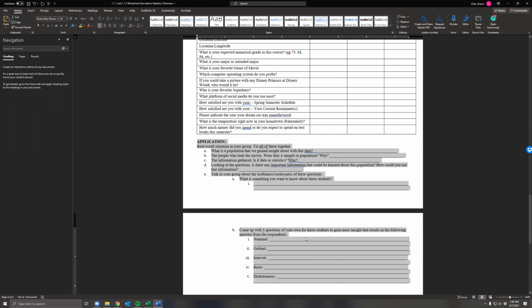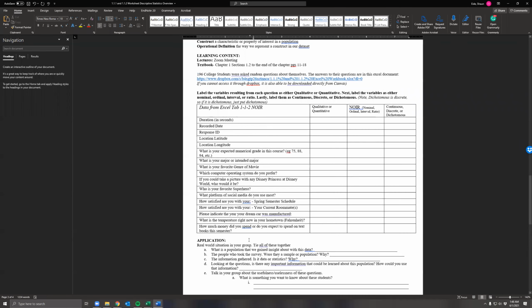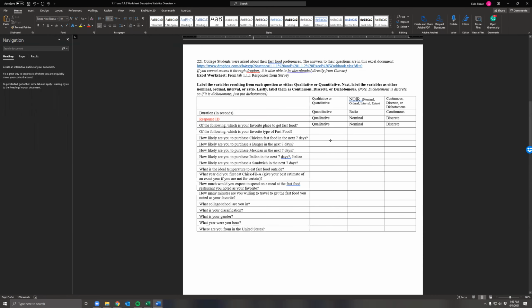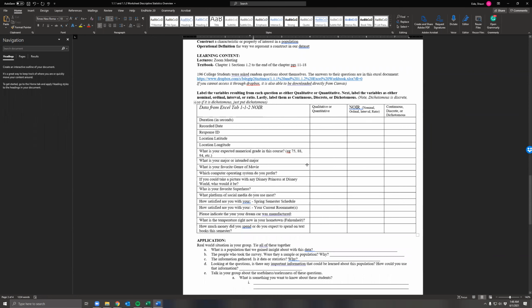With these questions, I want to get a nominal response, ordinal response, interval response, ratio, and dichotomous. When you get into your groups a little bit later, you can do that as well. This is just going to be a lot of practice going through this information and categorizing things as qualitative, quantitative, nominal, ordinal, interval, ratio, and continuous, discrete, or dichotomous.